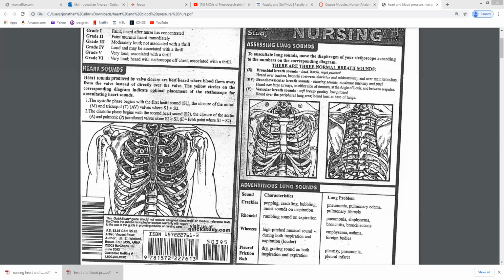Now, when you're first learning this, you're going to be palpating. You don't just eyeball it and place the stethoscope when you're first learning. Especially in a student clinical setting, the instructor wants to see you think out loud and palpate.